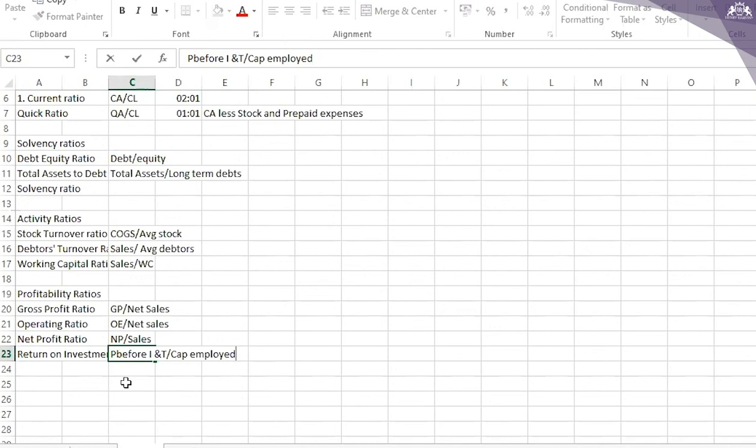So return on investment should at least be more than what a fixed deposit gives me in a bank, which is the bare minimum. So if I have 100 rupees, should I put it in business or in a fixed deposit in a bank? It will depend upon the return on investment ratio.